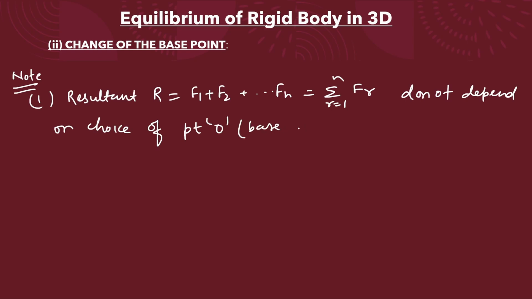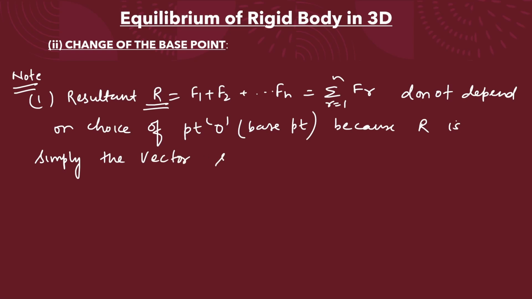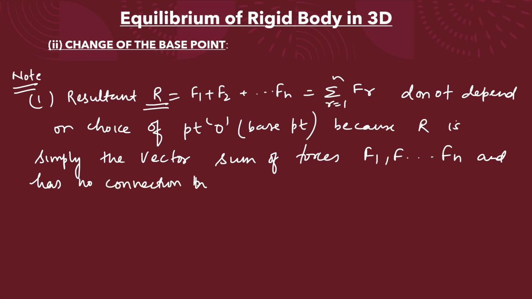If you change the base point, there will not be any change in the resultant R, because R is simply the vector sum of forces F1, F2, up to Fn, and has no connection with the position of the base point.